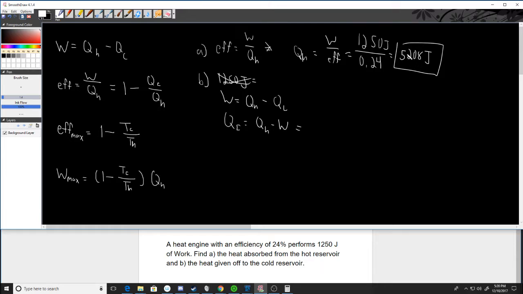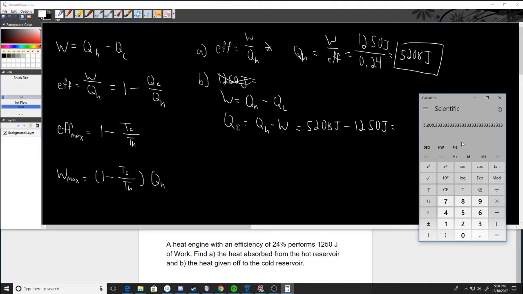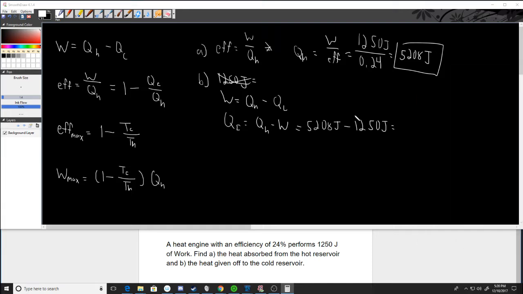We just calculated the heat transferred from the hot reservoir, so that was 5,208 joules. Have to subtract the work, which we said was 1,250 joules. All right, so this time I don't have to do any multiplication or division. So 5,208 minus 1,250, 3,958 joules.